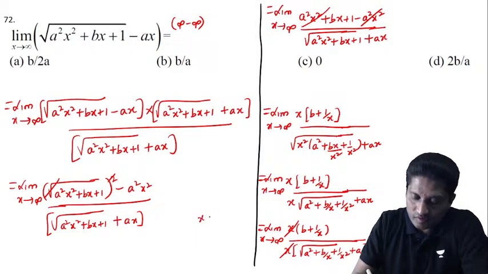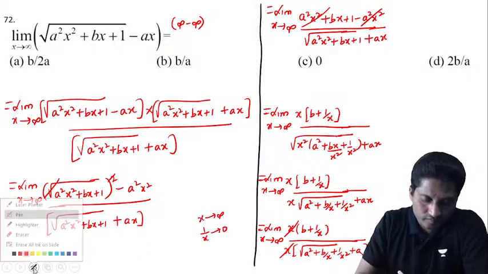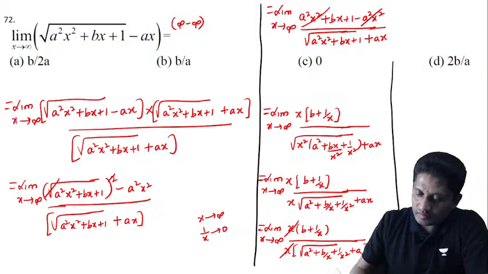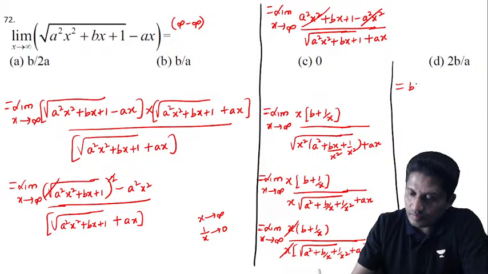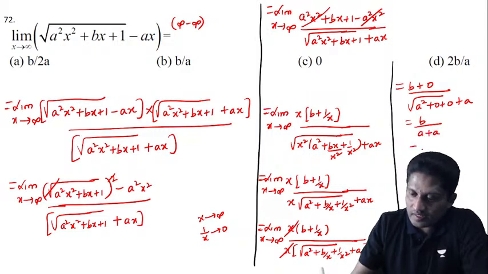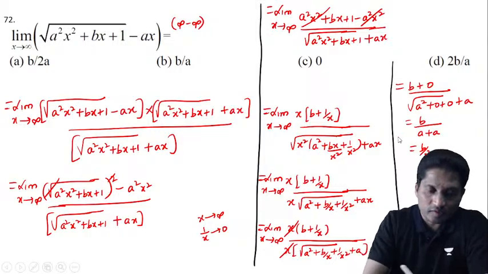Now if x is tending to infinity, 1 by x will tend to 0. This is equal to b plus 0 divided by root of a square plus 0 plus 0 plus a. b divided by root of a square is a, plus a. I'll get this as b by 2a. That is the first option.